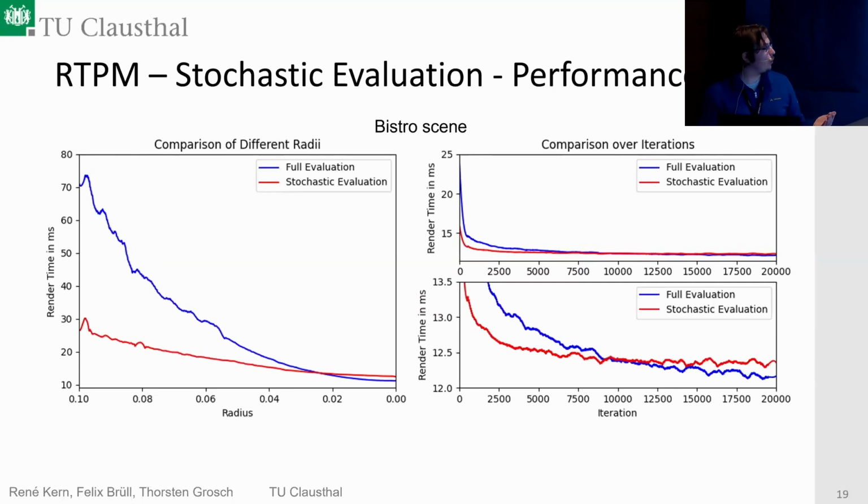With our progressive photon mapper, of course, it starts with a bigger radius which gets smaller relatively fast. But stochastic evaluation was still faster for the first 100,000 iterations for our settings in the bistro scene.